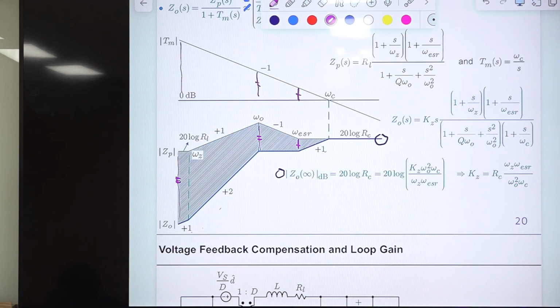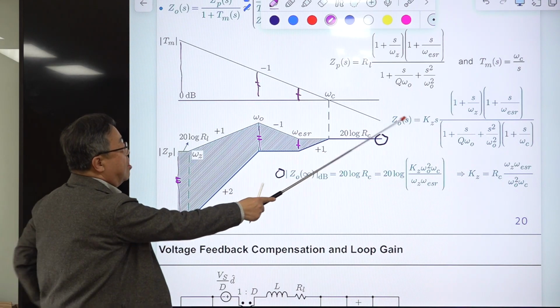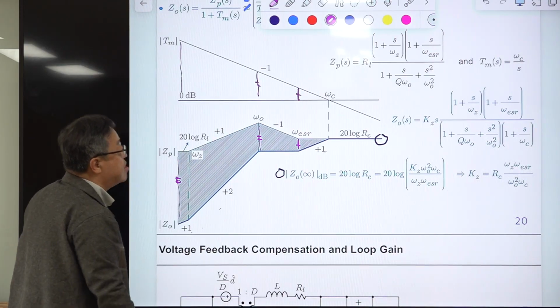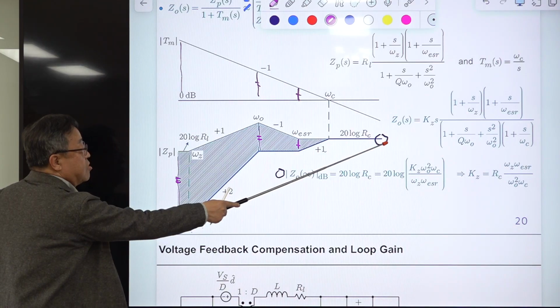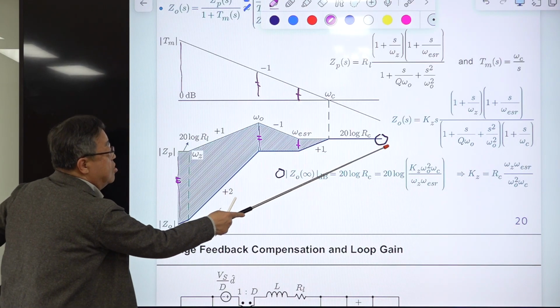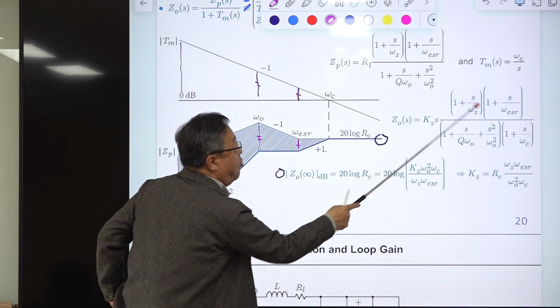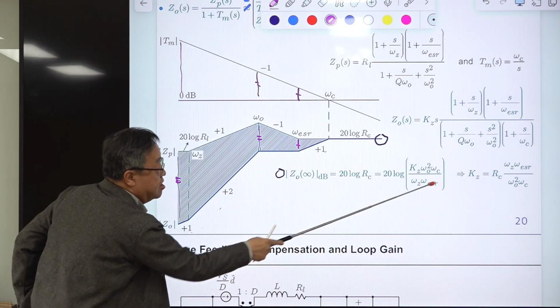Okay? And to find this value, there are many ways of finding it. One simple way is just to consider this magnitude. Okay? So this magnitude, from this, you put infinity here, then you just take the coefficient of this, which is this. Okay?